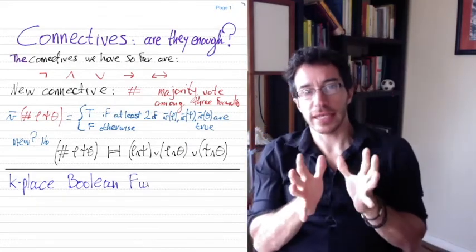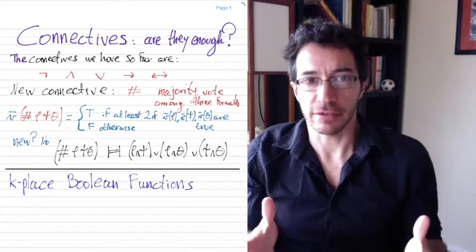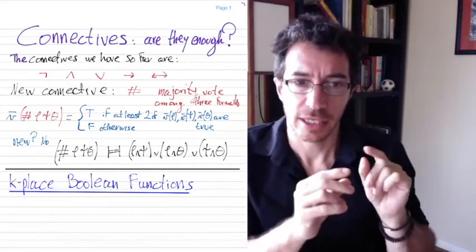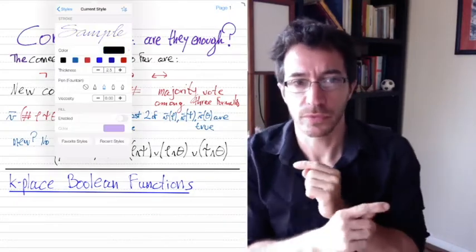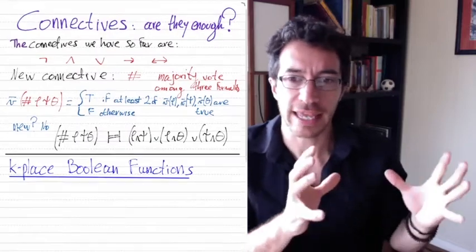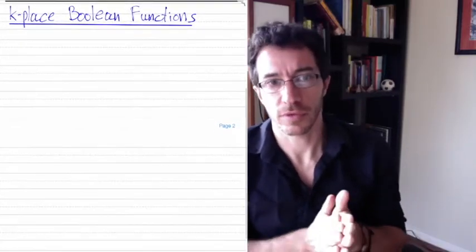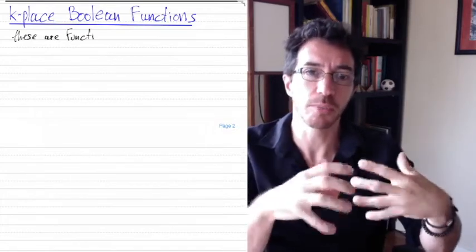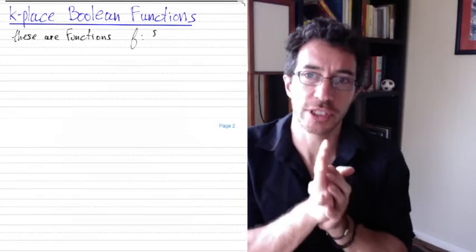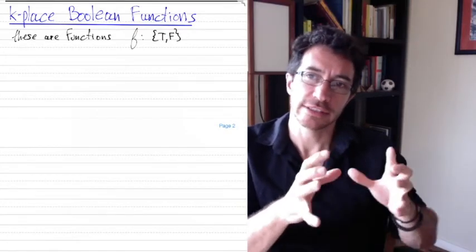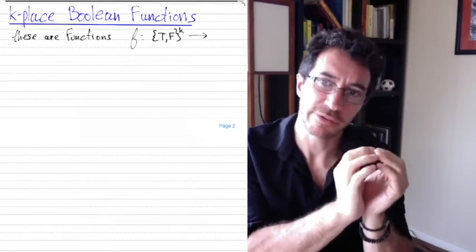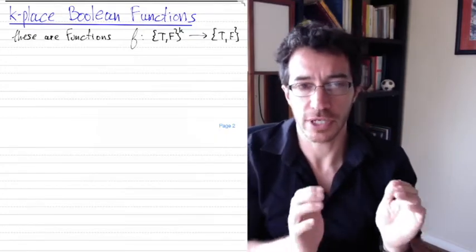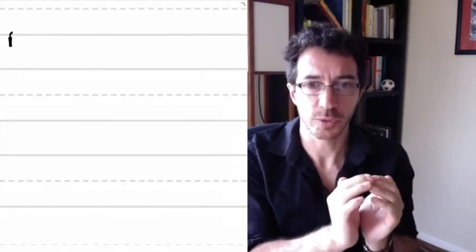To be able to understand the question of whether the connectives are enough, or even how to ask the question, we need to start studying these k-place Boolean functions. So what is a k-place Boolean function? Boolean values are true and false, the T and the F. These Boolean functions are functions that take an input from {T,F}^k, and the output is just true or false. So the input is a k-tuple of true or false.